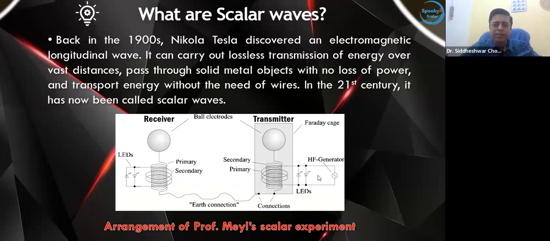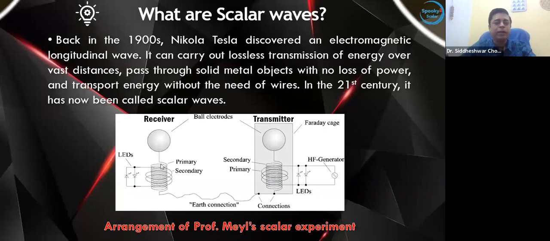You see here, the first transmitter has two coils, one is the primary and the other is the secondary. One box contains the high frequency generator plus the coil, and then the vertical panel, the lid you open, contains the ball electrodes. This is the one throwing out the scalar signal. In general, this is what your transmitter contains.